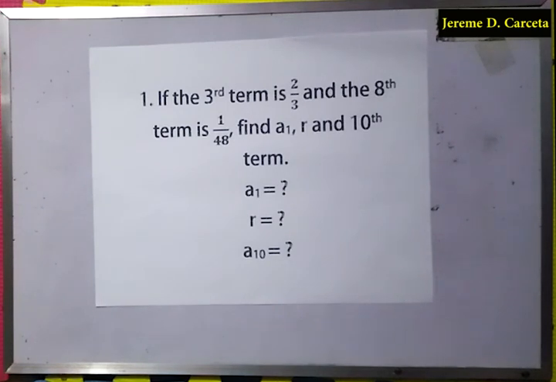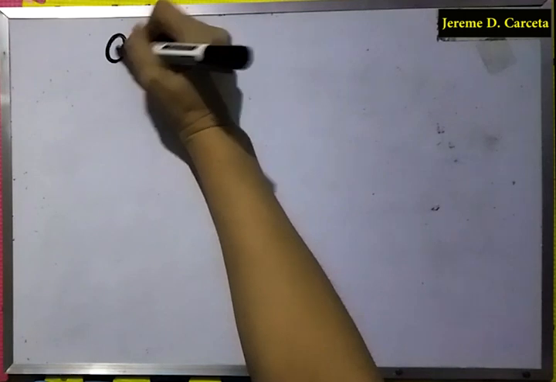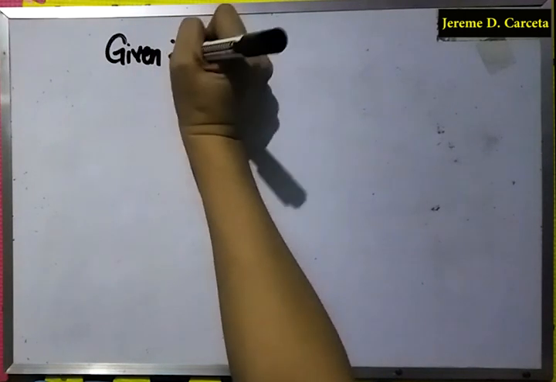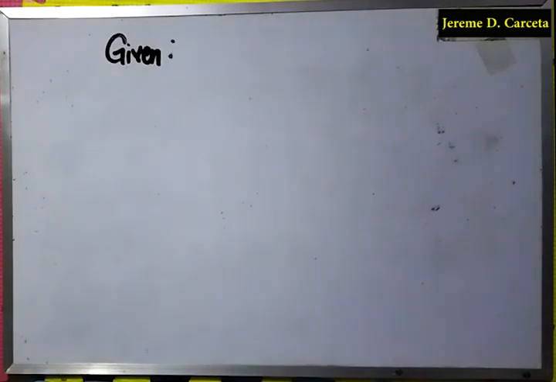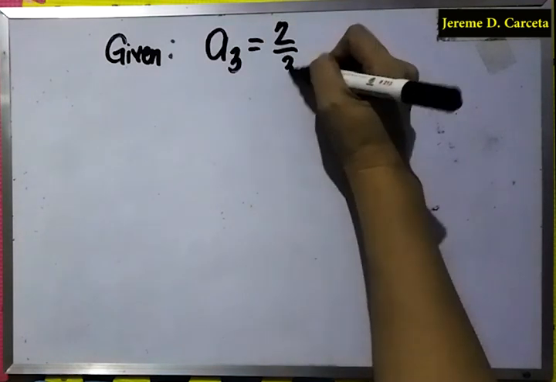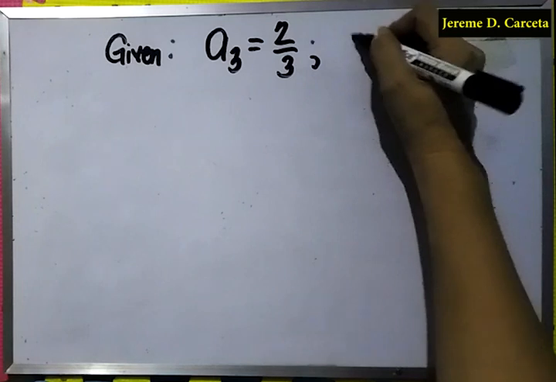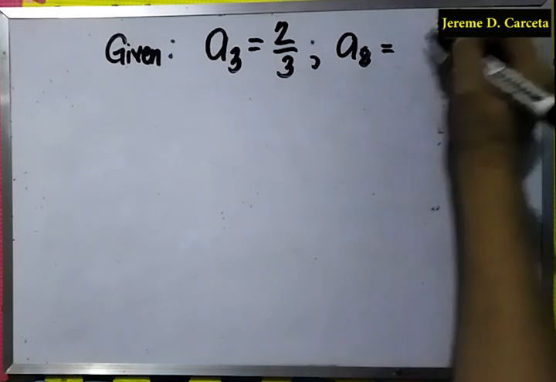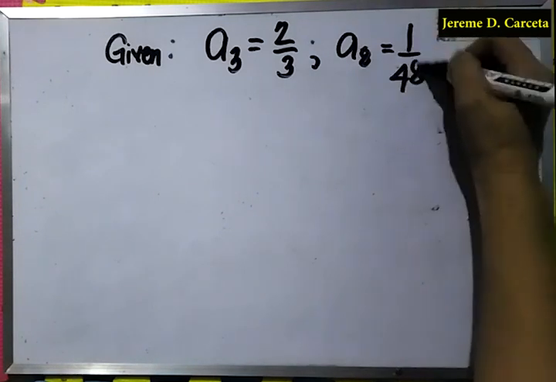So we have to find a sub 1, our common ratio, and the 10th term. Again, our given: a sub 3 is equal to 2/3, and our a sub 8 is equal to 1/48.